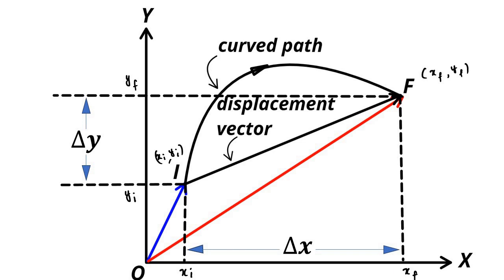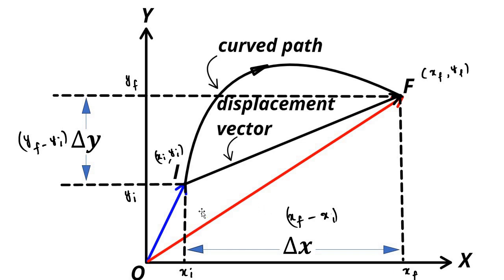So delta x is nothing but the difference between the final x position coordinate and the initial x position coordinate, and delta y is the final y position coordinate minus the initial y position coordinate. Okay, this much is clear.